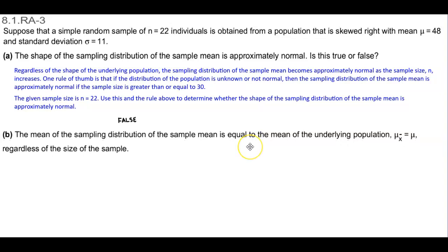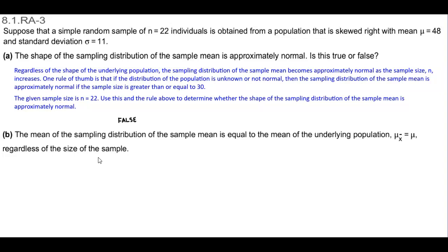Okay, now in Part B, it says the mean of the sampling distribution of the sample mean is equal to the mean of the underlying population, regardless of the sample size. So what we want to know is, what is the mean of the sample mean?